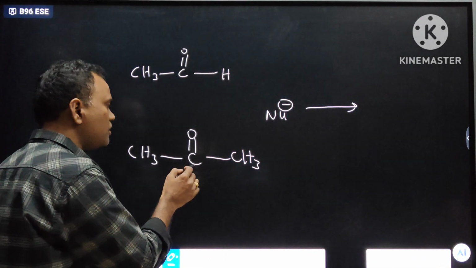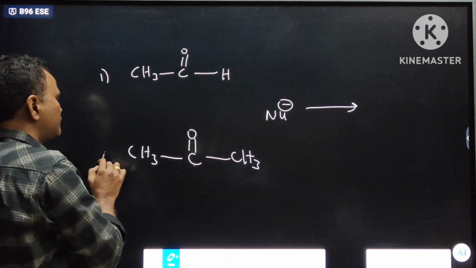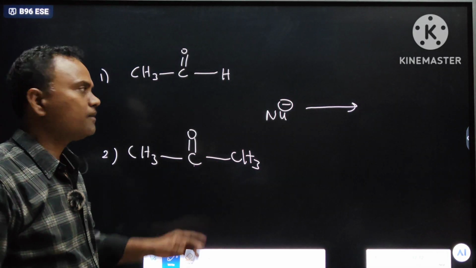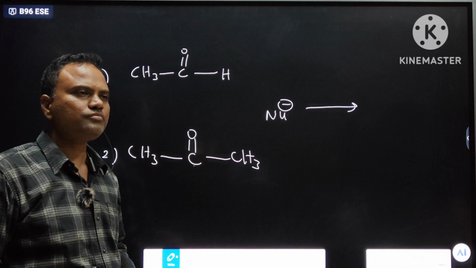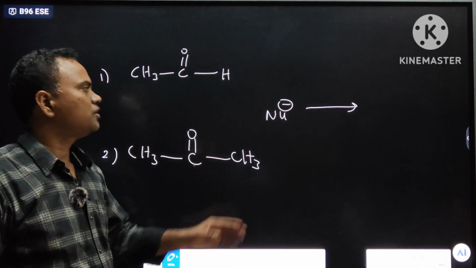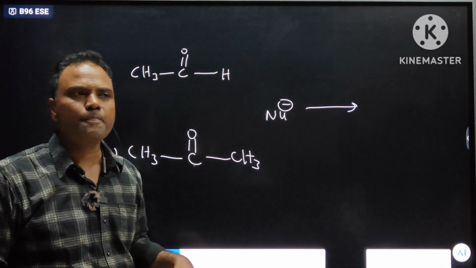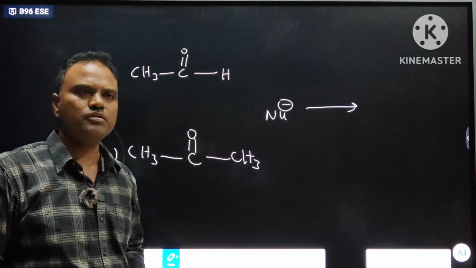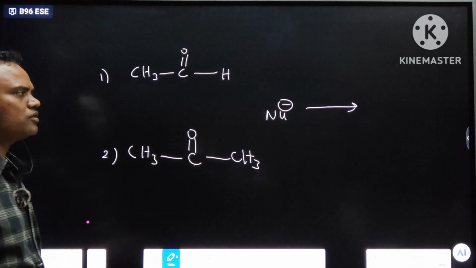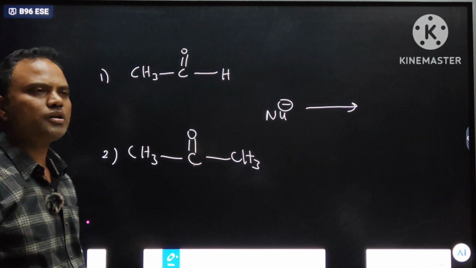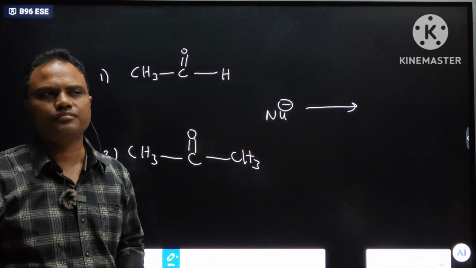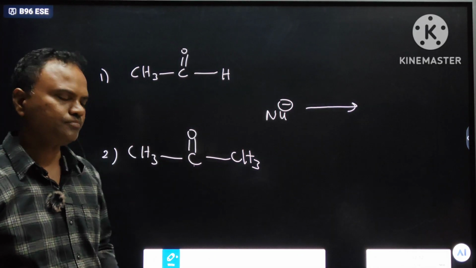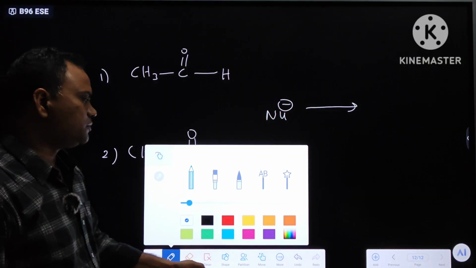This is the carbonyl carbon, and this is also a carbonyl carbon. The first one is an aldehyde, the second one is a ketone. Does the nucleophile attack readily at the aldehyde carbonyl carbon or the ketone carbonyl carbon? And why? That is a question to you. What is the key point I wrote here?